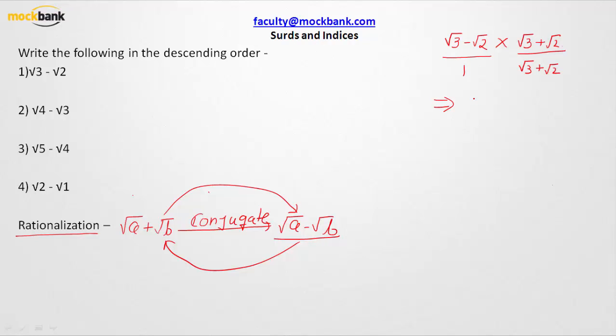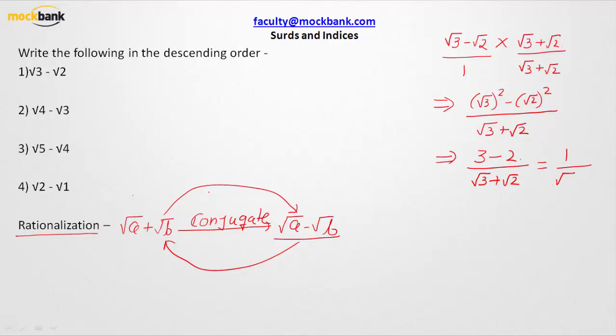Now if we try to solve this problem, could you see that the numerator will become square root of 3 whole square negative square root of 2 whole square, and the denominator will become square root of 3 plus square root of 2. And during this process we will realize that the numerator becomes 1, and this gives us 1 over square root of 3 plus square root of 2.